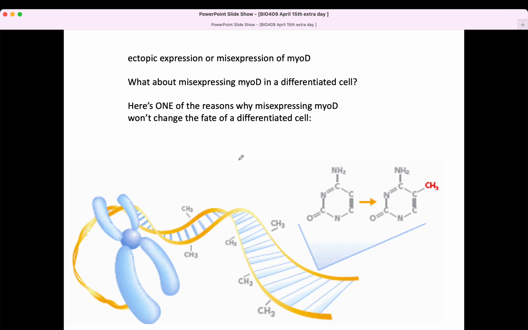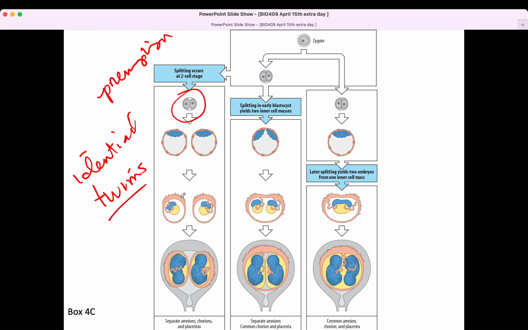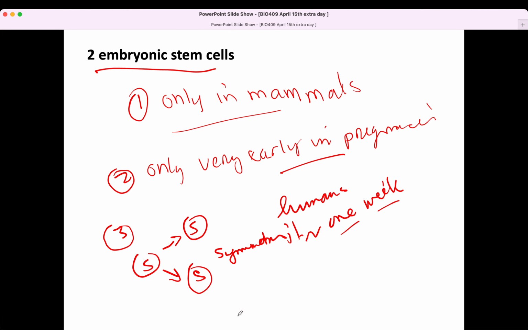Embryonic stem cells have a low amount of DNA methylation because they can make every cell, as we just saw, and so they need the capacity to express any gene because they can become any cell type. So I guess we should add that as another feature to this list: low DNA methylation. Okay, so we have 4 features that we'd like to learn about for our course.